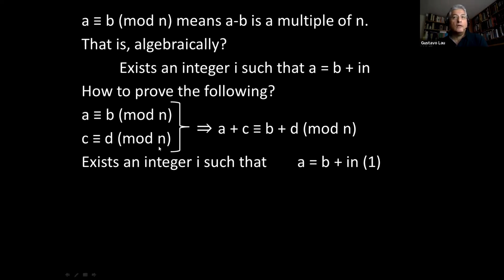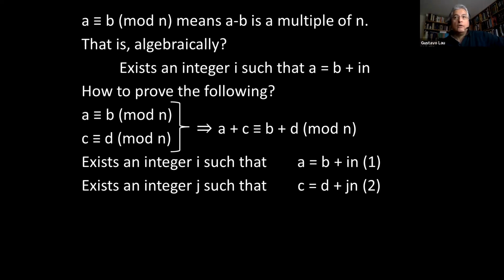Now, the second one is similar, but let's use a different letter instead of I, because there is no guarantee that it's the same one. So for the second one, there is an integer J such that C equal D plus JN.